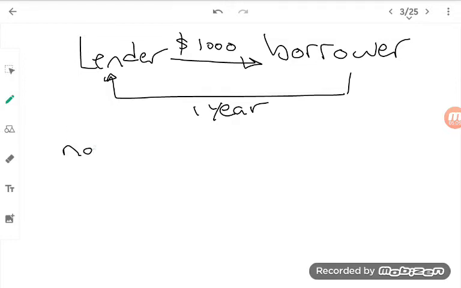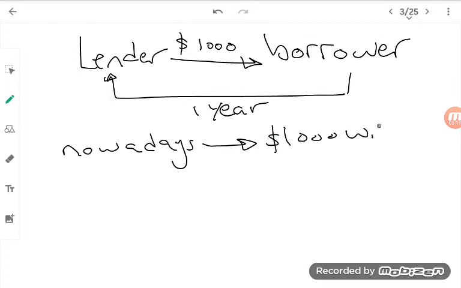Nowadays, $1,000 will purchase 1,000 cans of Pepsi. Say for example, the price per can is $1. So we can buy 1,000 cans of Pepsi.